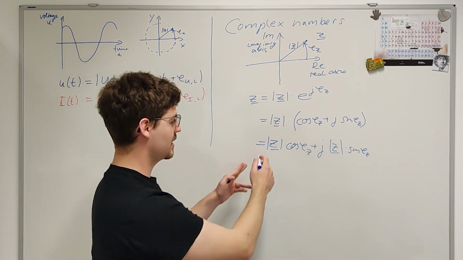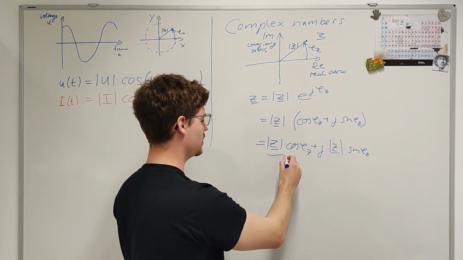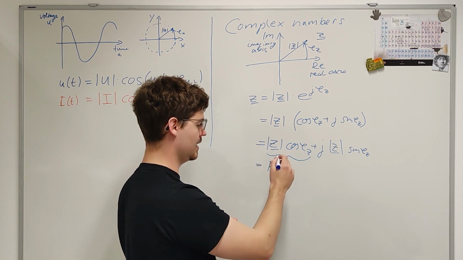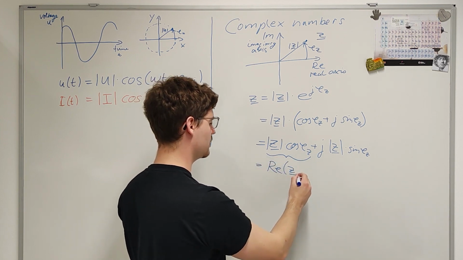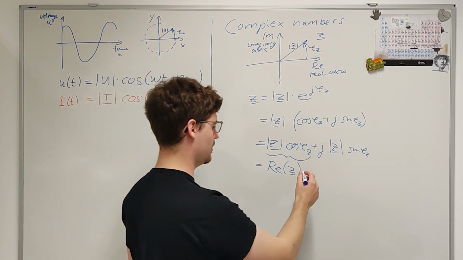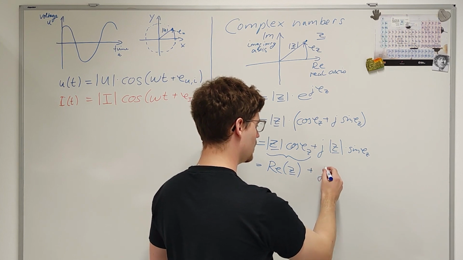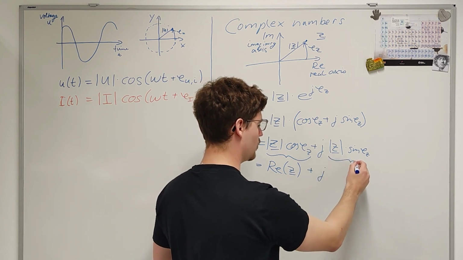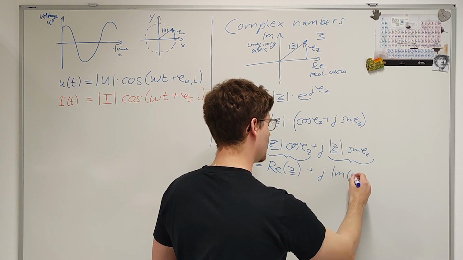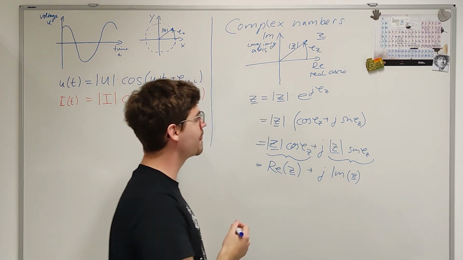We call this, in this case, the real part of the complex number, again denoted as Re of z. And we call this term here the imaginary part of the complex number. The j over here, we contract the imaginary part, and we receive this form.